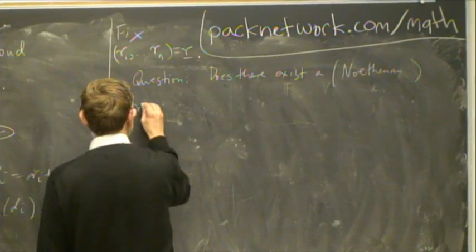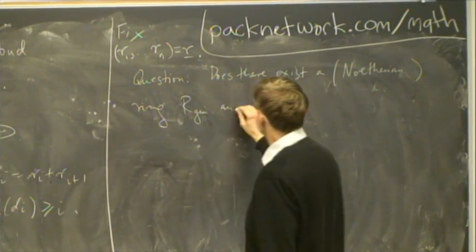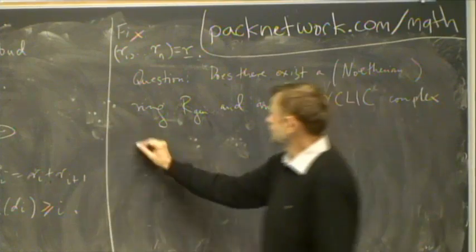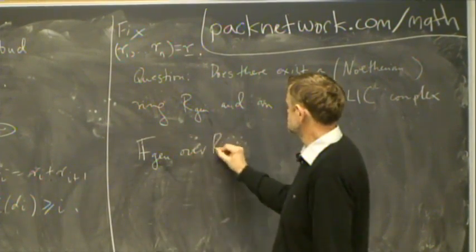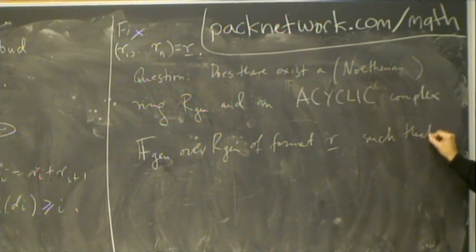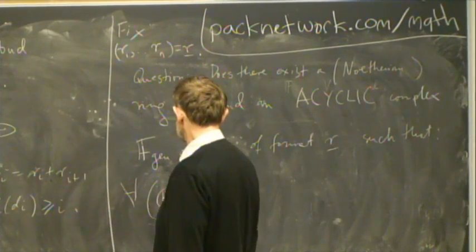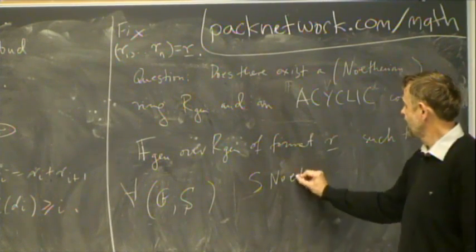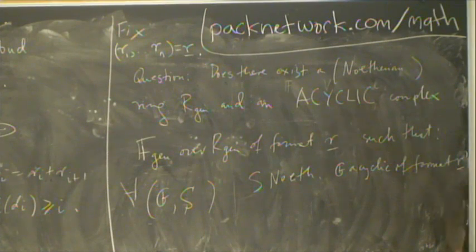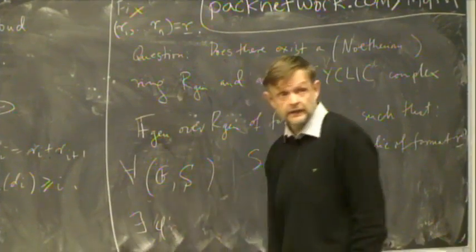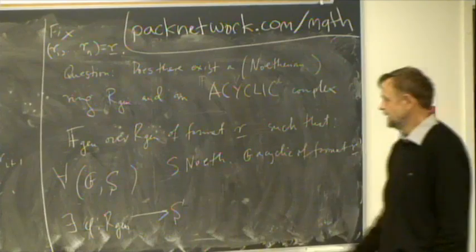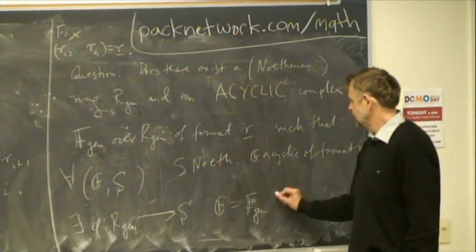Does there exist a Noetherian ring R generic and an acyclic, that's important, acyclic complex F generic over R generic of format r, such that for every pair (G, S), where S is also Noetherian and G is acyclic of format r, there exists a homomorphism, non-unique, from R generic to S, such that this G can be obtained from this F generic by a change of basis. That's the point: we do not require a unique homomorphism, but I'll explain a little bit why.